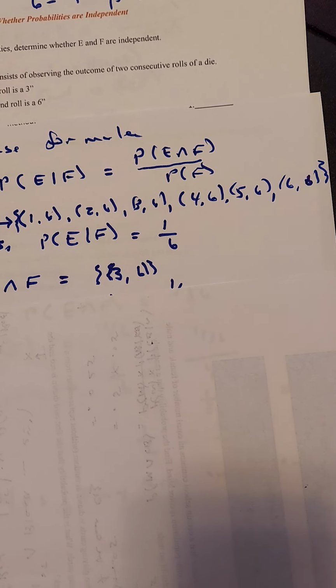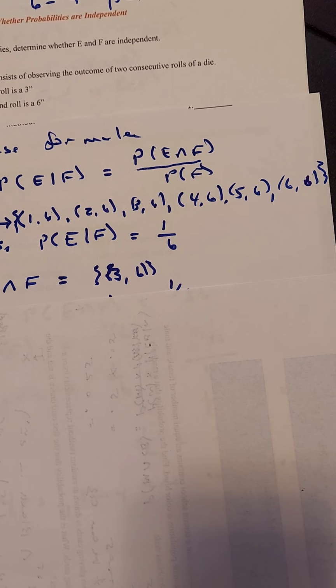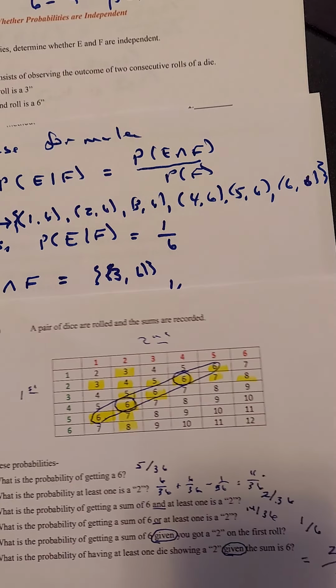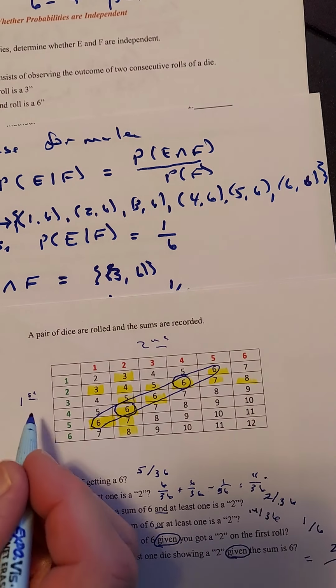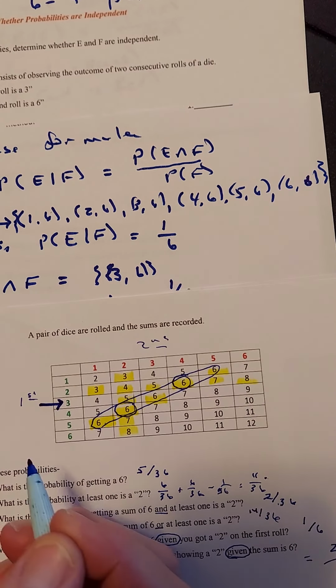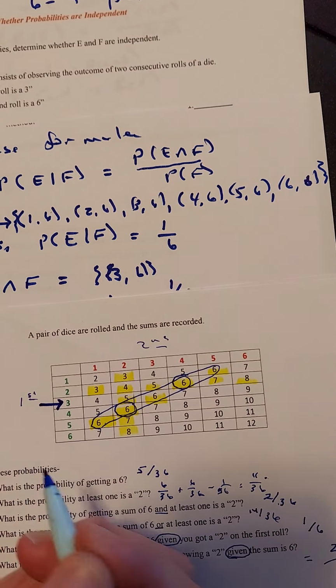Okay, what's the probability of E and F? I'm going to go back to this page real quick. That means we got a 3 on the first roll and a 6 on the second one, which gives us this sum of 9.